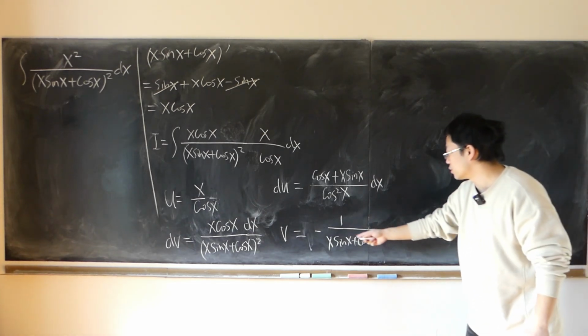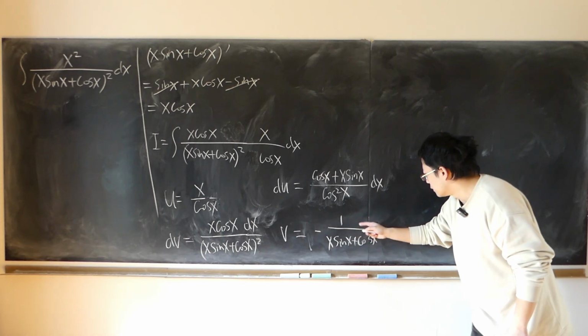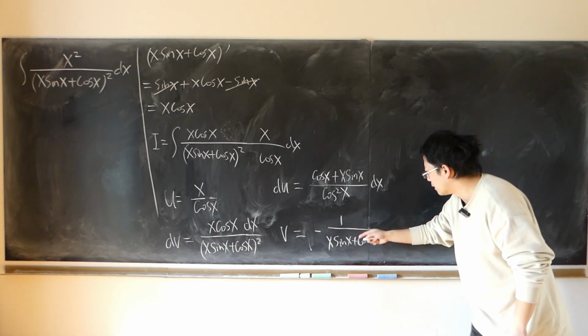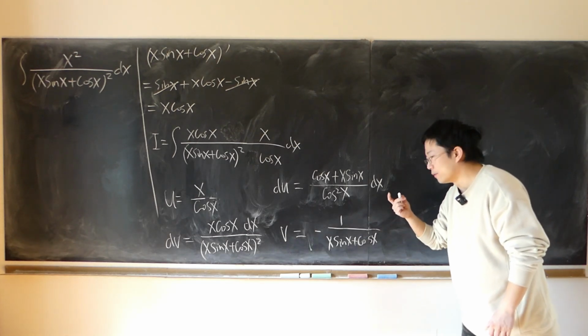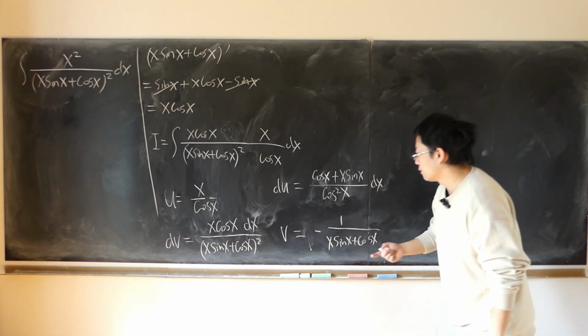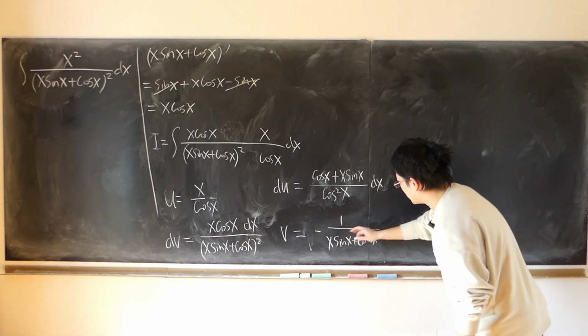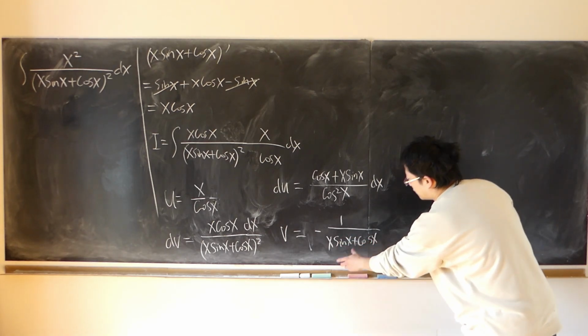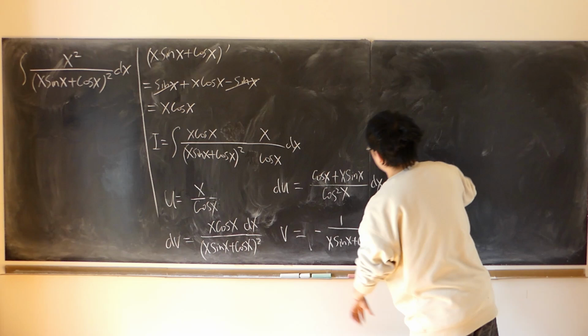Because if you differentiate this, the whole thing to the power of negative 1, negative 1 times negative 1 is positive 1, and negative 1 becomes the power of negative 2, so the bottom has power of 2. Differentiating this bit gives me that.